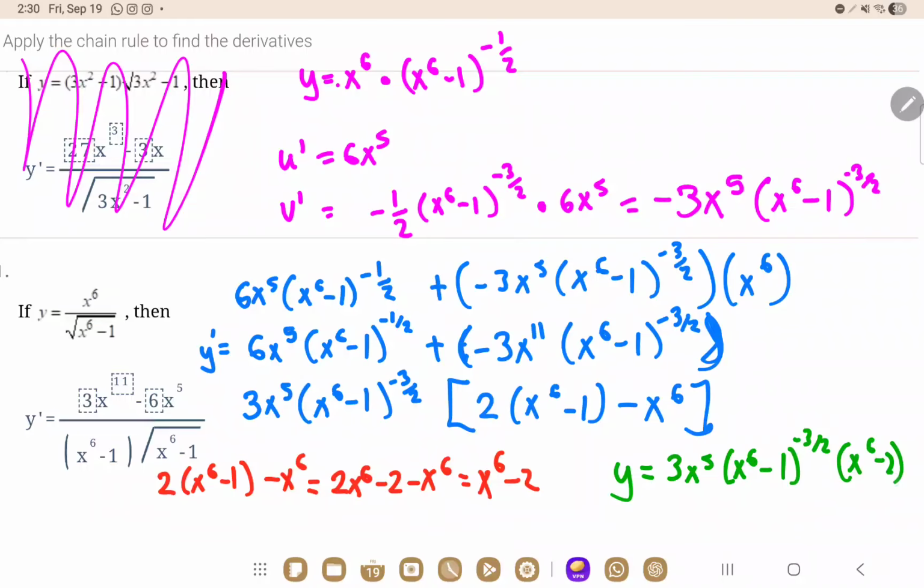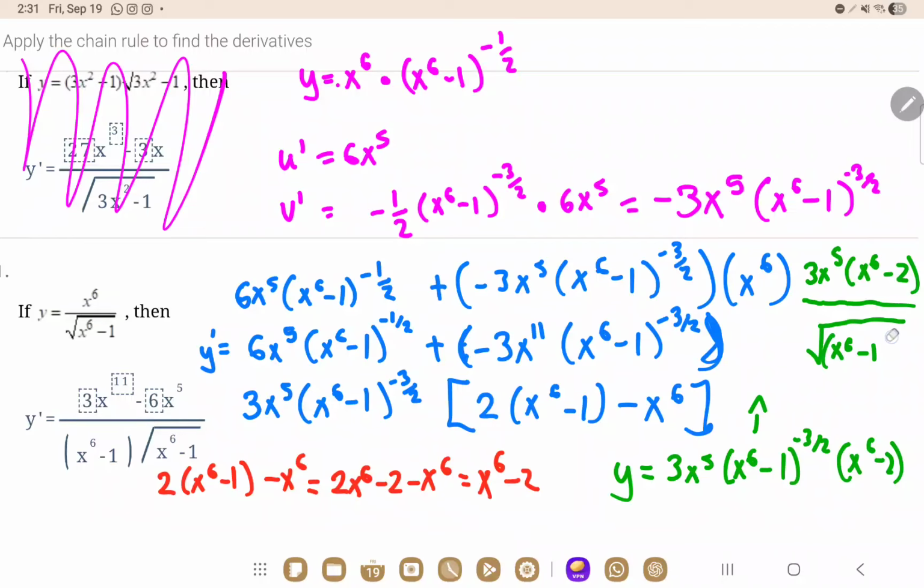And if we want positive exponents on everything, we can put the x^6 minus 1 to the negative 3 over 2 at the bottom. So it's 3x^5 times x^6 minus 2 over the square root of x^6 minus 1 cubed.